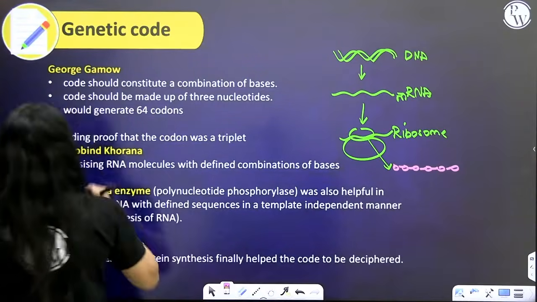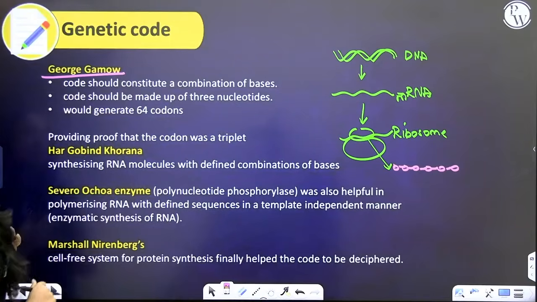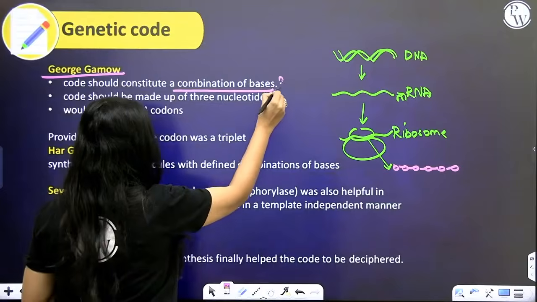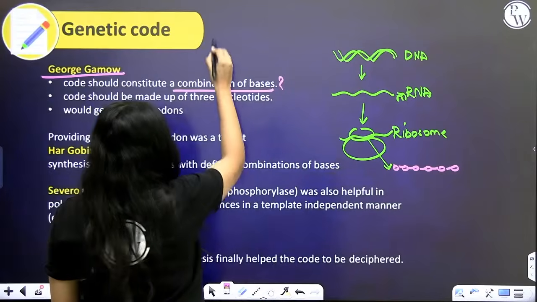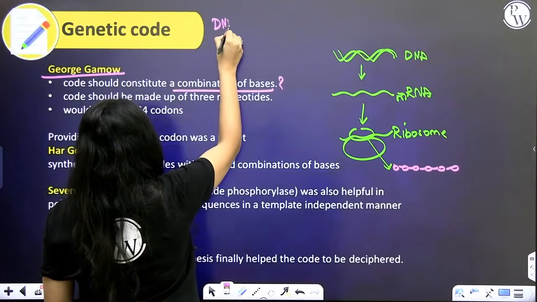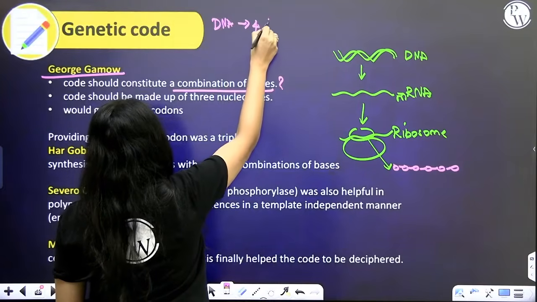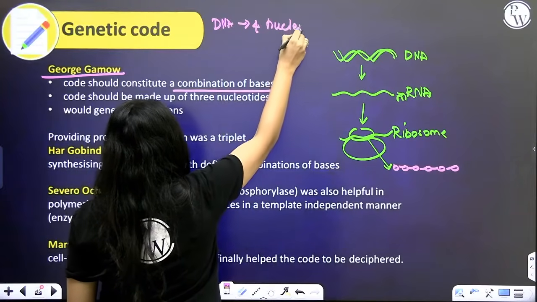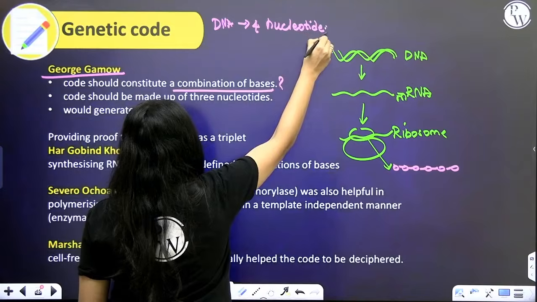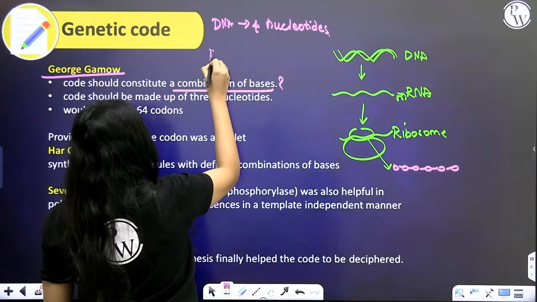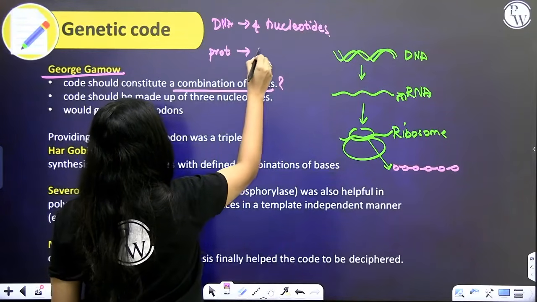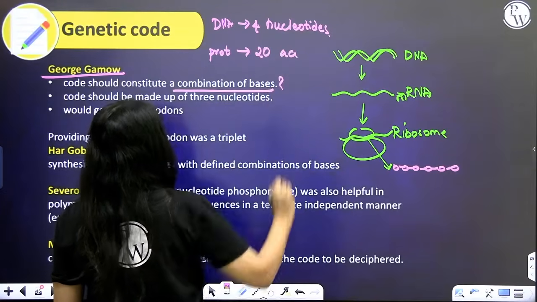There is this one person called George Gamow. He believed that the code should constitute a combination of bases. Why, you ask? In DNA or even RNA, you just have 4 types of nucleotides. Proteins are made up of 20 different amino acids.